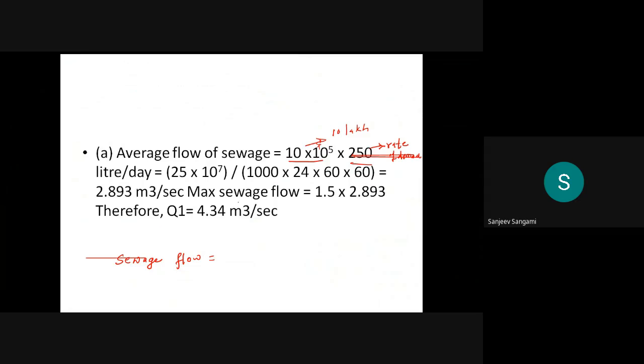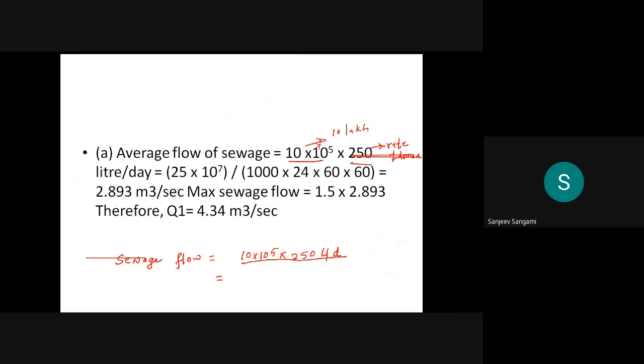So it is 10 into 10 power 5 multiplied by 250 liters per day. Then it has to be converted into meter cube per second.